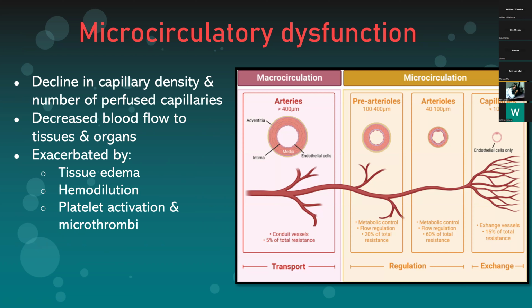And that's going to be even more exacerbated by any tissue edema in a fluid overloaded patient, if they're anemic and hemodiluted, and certainly platelet activation and microthrombi that might form, which we might expect more in our patients with chronic kidney disease, but also could see in AKI.